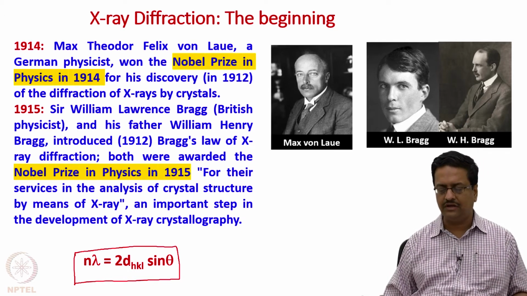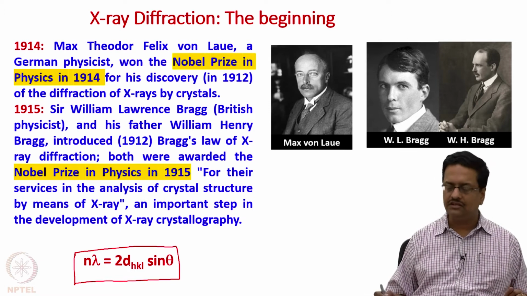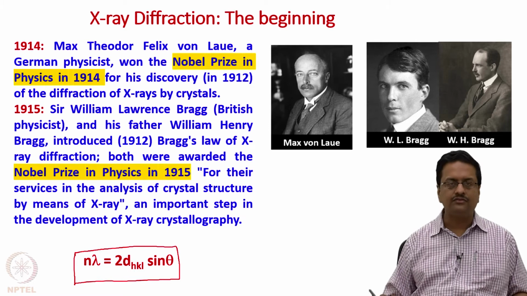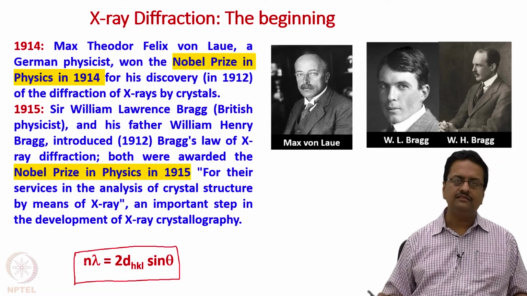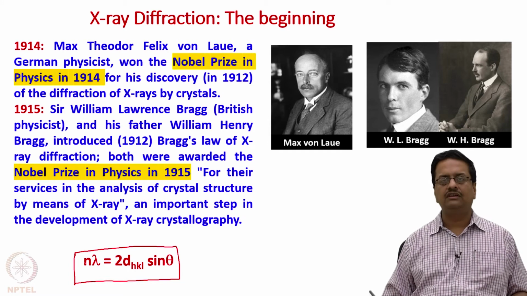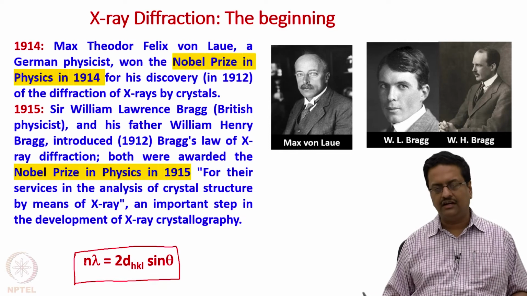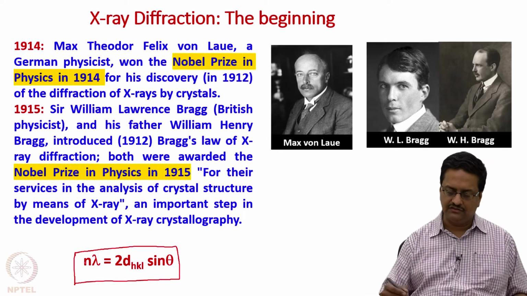If we use copper, the lambda value is 1.54, if we use molybdenum it is 0.71 and so on, and n is an integer. In general we take it as 1 because we only talk about first order reflection, but n can be second order, third order or nth order reflection. So that is the order of reflection n.